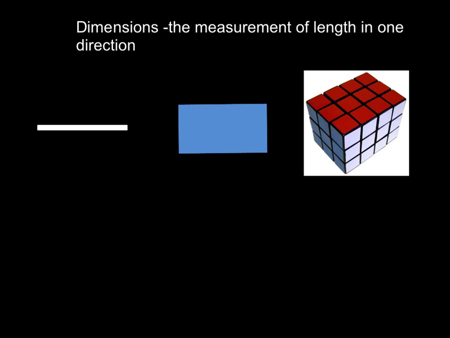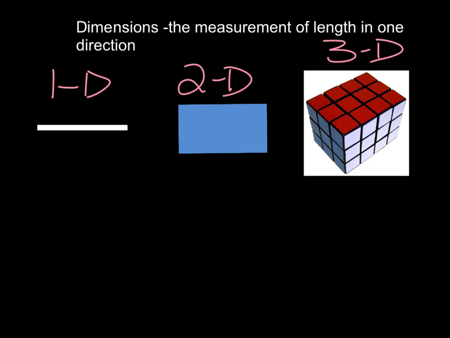So to summarize everything that we've learned, we can measure things in up to 3 different directions, right? So we can have 1 dimension, 2 dimensions, and 3 dimensions. What is it called if we measure something in 1 direction?